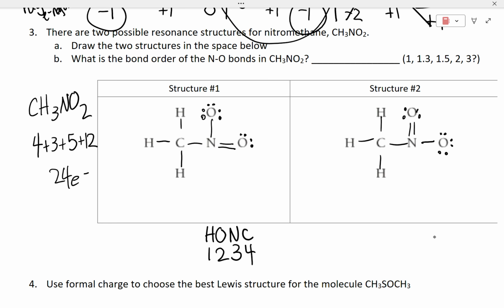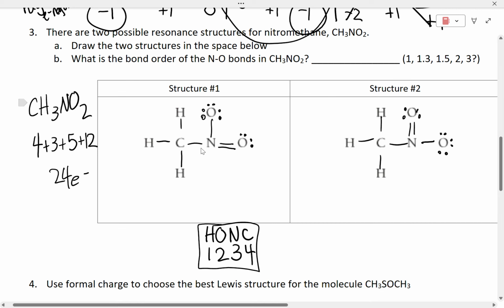So carbon usually forms 4, nitrogen usually forms 3, oxygen usually forms 2, etc. We can see there's exceptions to this pattern, but if you're trying to get an initial structure down and you're not sure where the bond should go, then this is usually a good pattern to think back to. So if you have an option where carbon can form 4 bonds or one where it can form 3 bonds, then forming 4 bonds is probably going to be the better scenario. Okay.